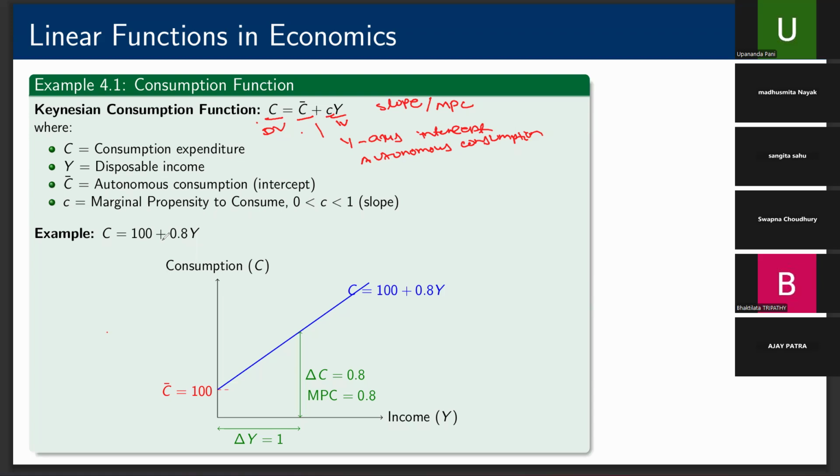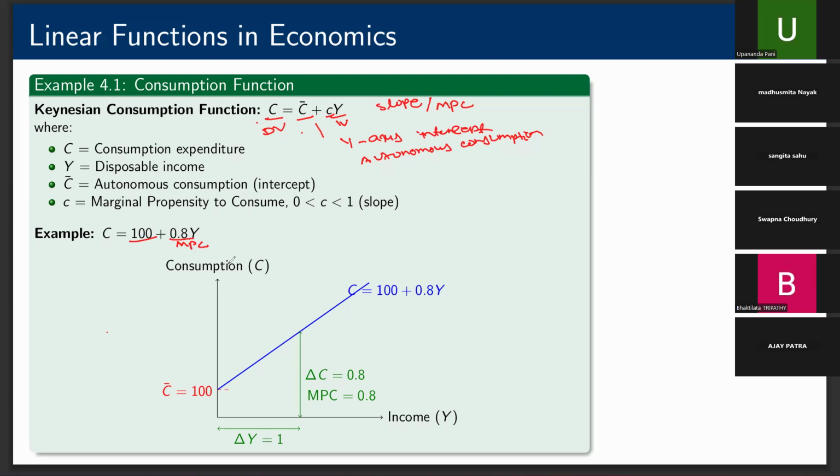How to get it? Put the value of y equal to 0. We get C equals 100 plus 0.8 into 0, that is, C equals 100. This 100 becomes my autonomous consumption, and this 0.8 is my slope, which we call the marginal propensity to consume.